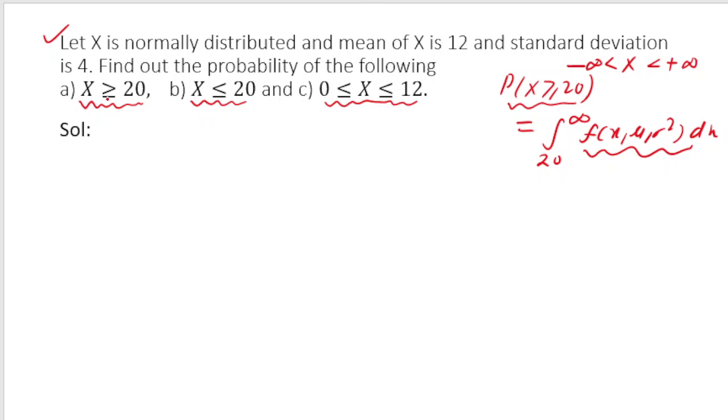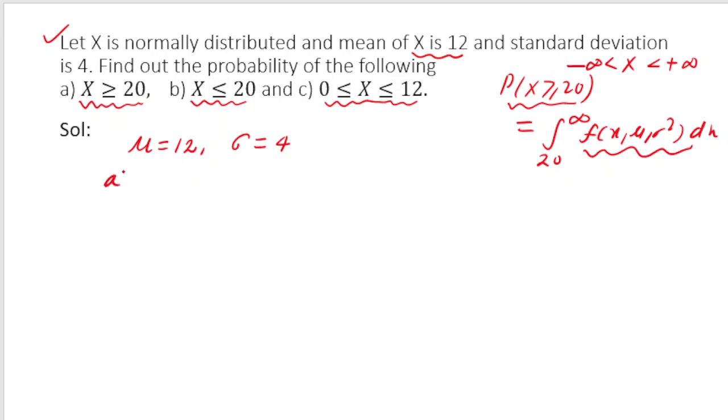So if we are not going to do this, what are we going to do? First of all, let me list the things that they have provided in the problem. It is given that x is normally distributed with mean of x is 12. It means the mean of the normal distribution mu is equal to 12, and a standard deviation of 4 means sigma is equal to 4.